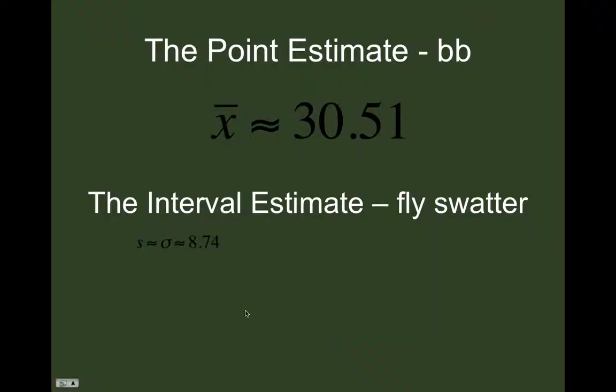1.96. So the more refined confidence interval, and by the way, we're going to call this the z interval, is going to be the point estimate, x bar, plus or minus, in this case, since we're at 95%, 1.96 times the adjusted standard deviation, or the standard error of the mean.